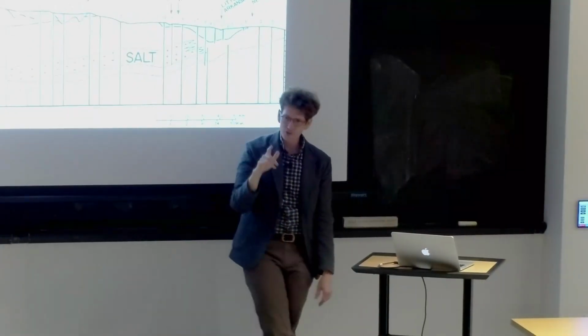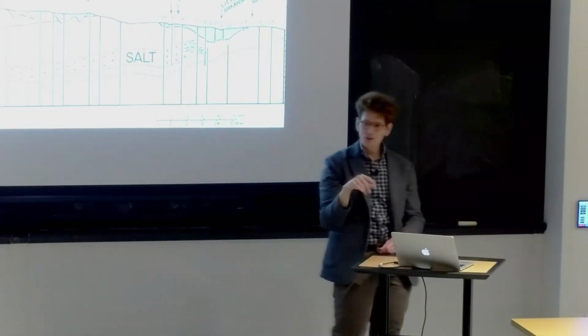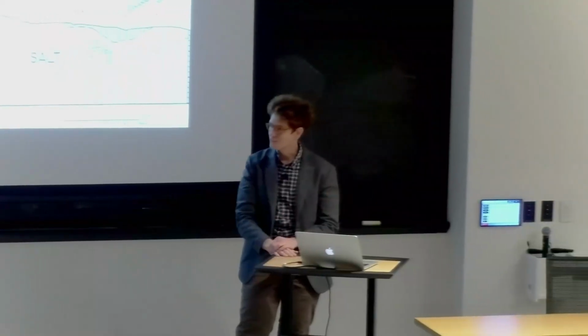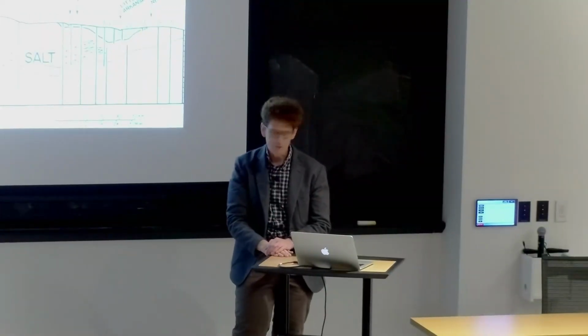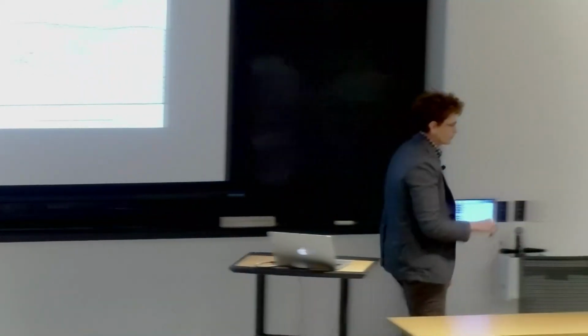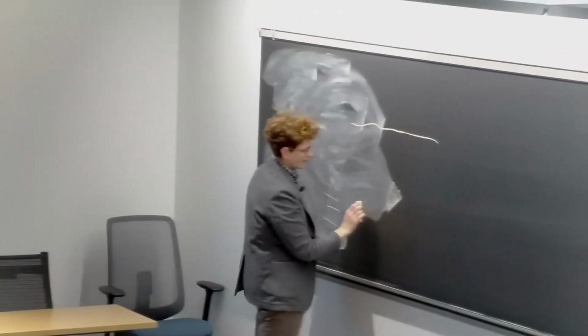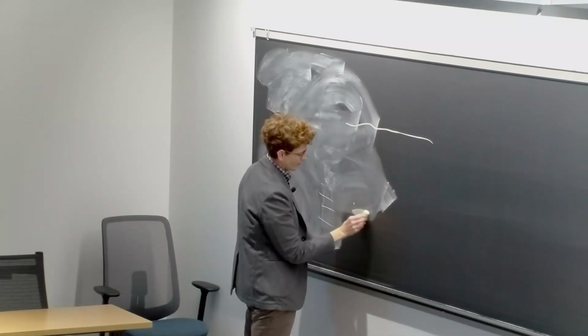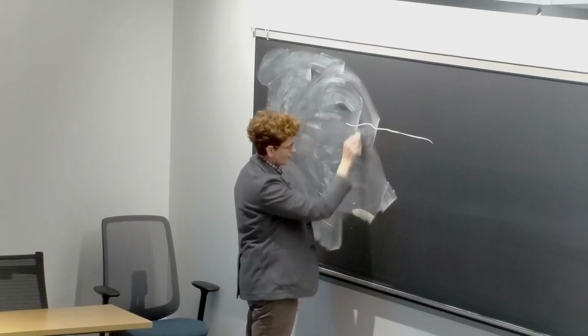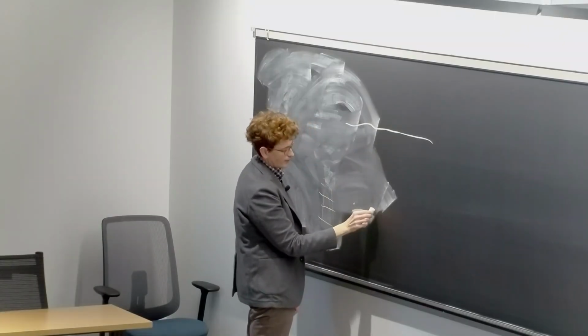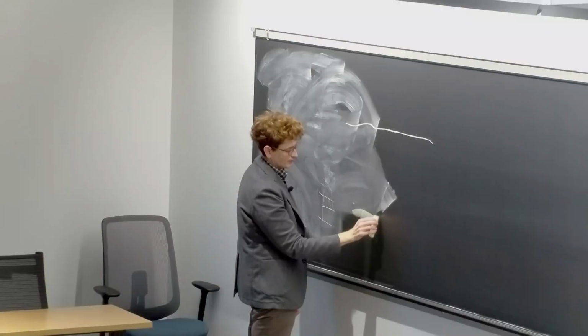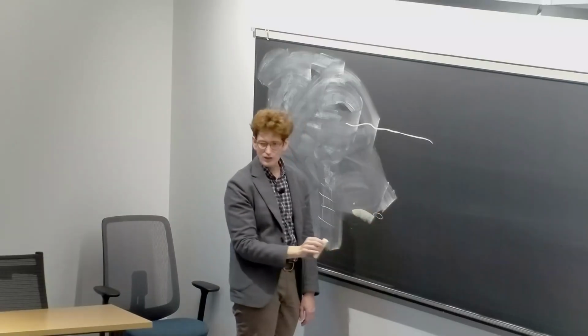And ever heard of a salt dome? We store oil and natural gas in salt domes. It's exactly this. It's a situation where underground you have a layer of salt, and then in the rock above it you have a crack or something.